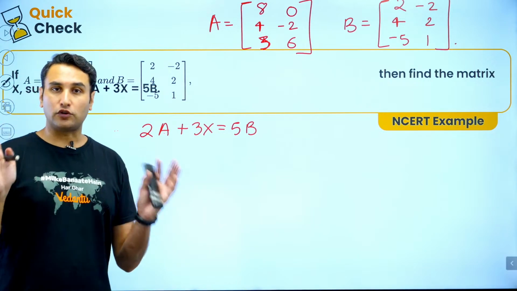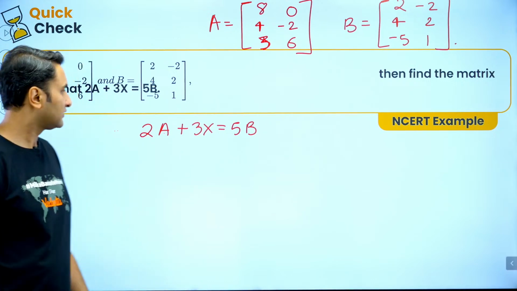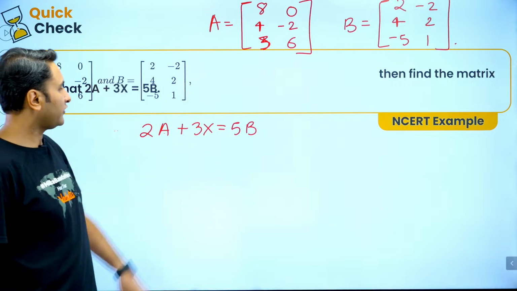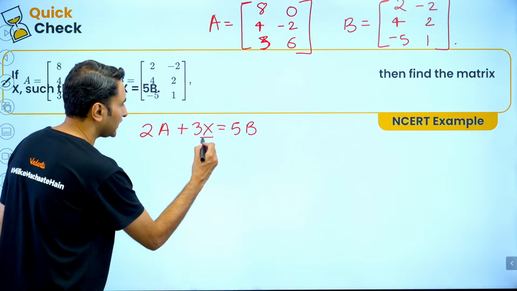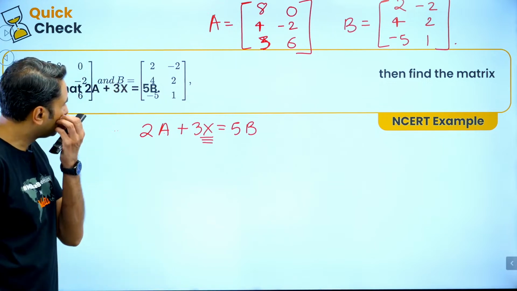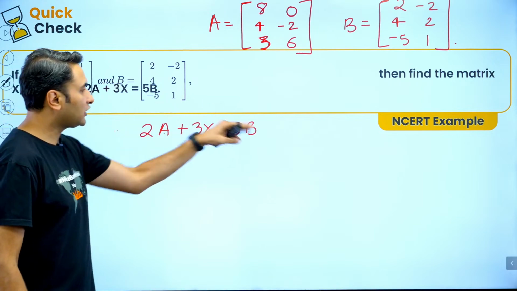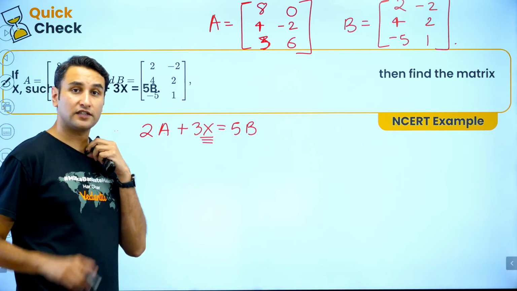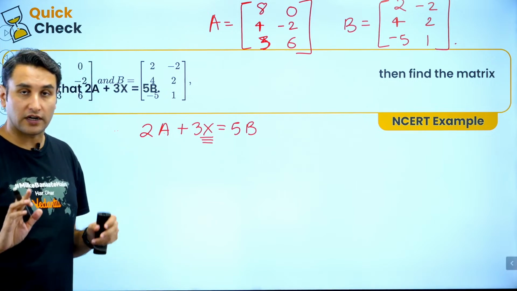I'll leave the calculation to you, but we'll discuss how you will approach it. Let's look at this. 2A plus 3X is 5B. I have to find out x. What should I do? Like in algebra, can I take 2A on the other side? Yes, you can. But I'll tell you the exact steps to understand this.